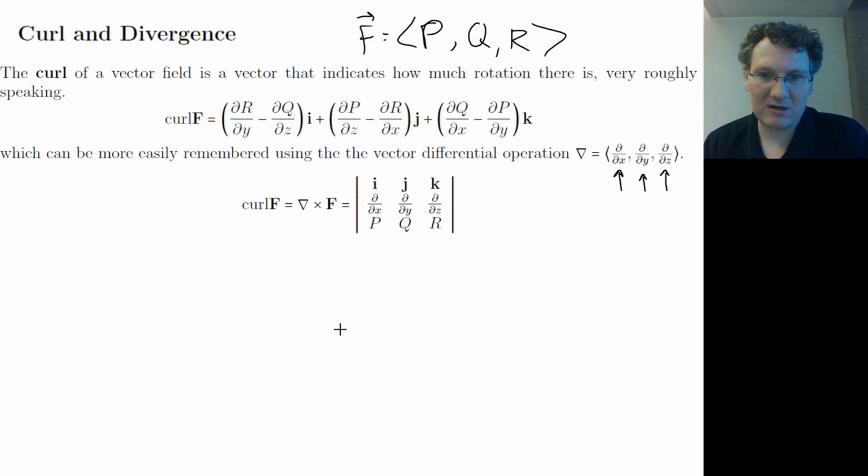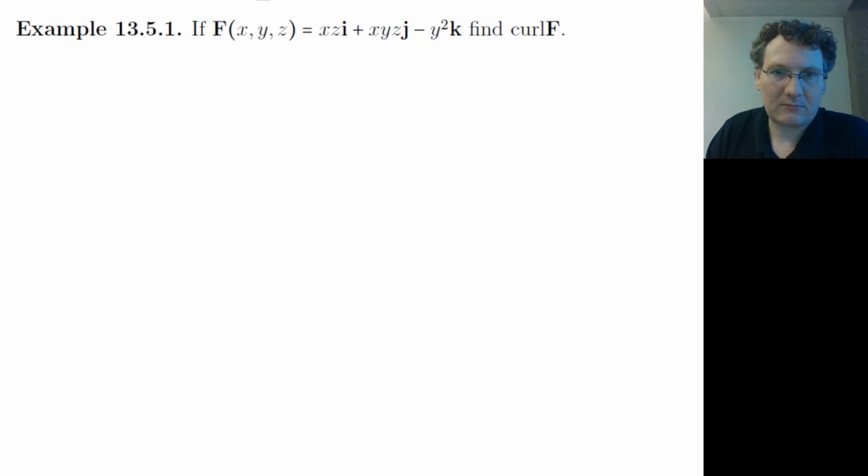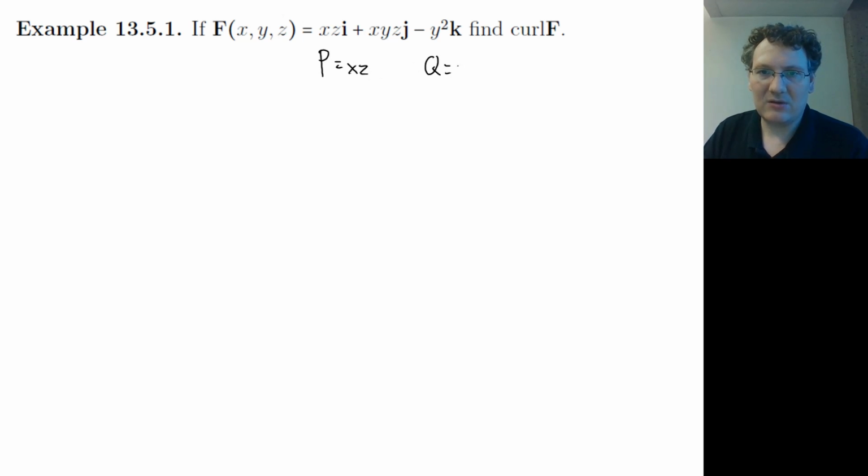So it's a cross product, and so let's do an example. We have this vector field where P is xz, Q is xyz, and R is negative y squared. So let's find the curl.